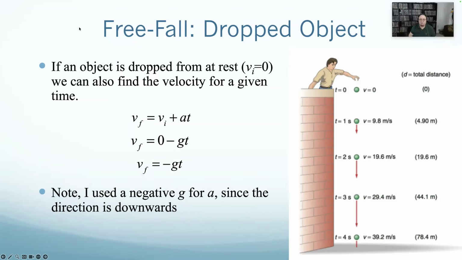So if you just drop something, not only can you find the distance it falls, but its velocity. Now, very commonly people trying to find the velocity of something dropped try to use the displacement over time equation. But that's the average over this whole trip. If you want to find how fast something is going when it hits the bottom, use this equation. And this would be its actual speed when it hits the bottom.